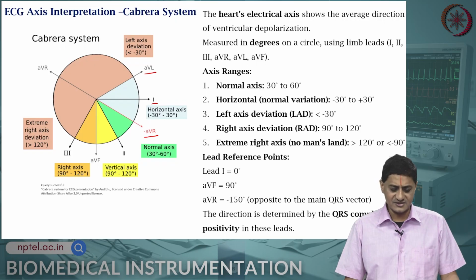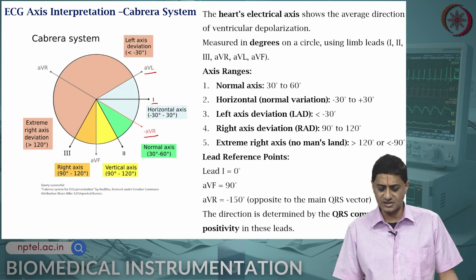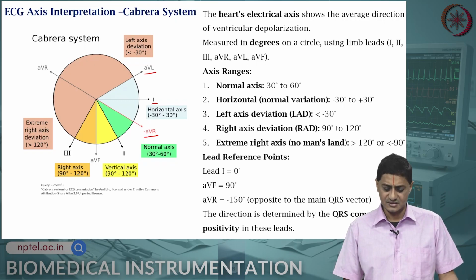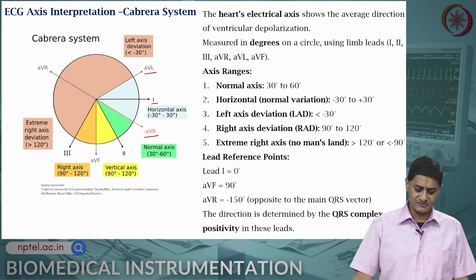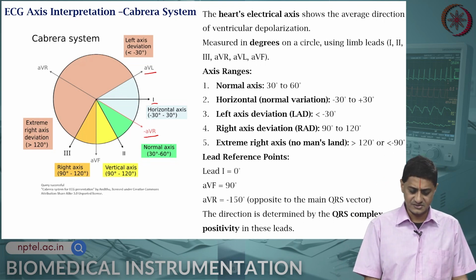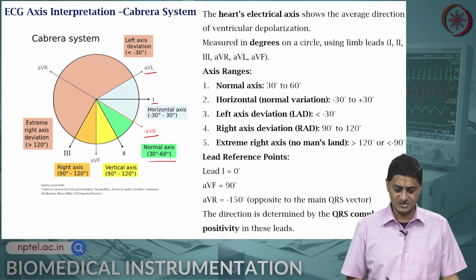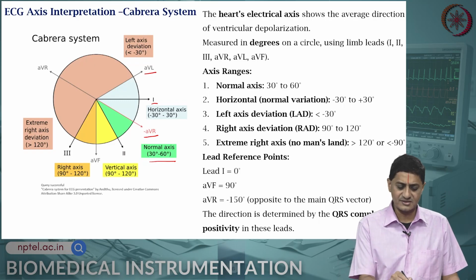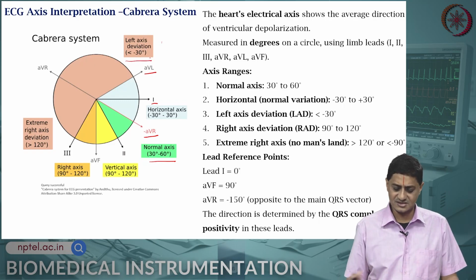The normal axis ranges between 30 and 60 degrees. The horizontal variation is between minus 30 and plus 30 degrees. For the left axis, the deviation is less than minus 30 degrees.